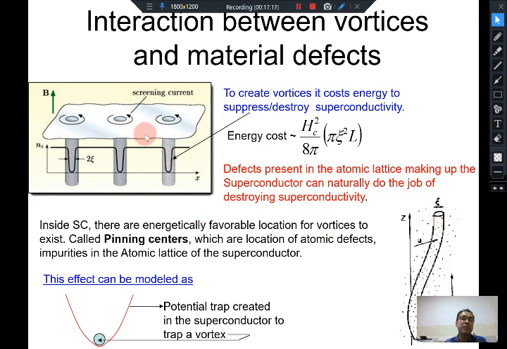For any other region in the superconductor, you have to supply this much energy, Hc squared by 8 pi, times the area of the vortex multiplied by its length. This is typically the amount of energy cost to create a vortex.